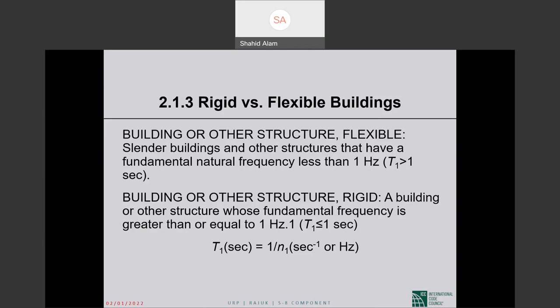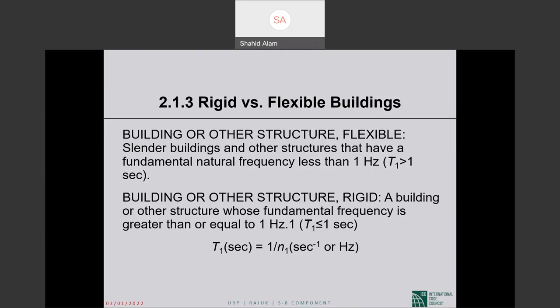Now, when the period of a structure is less than or equal to 1 second, it is a rigid building or structure. Okay, less than or equal to 1 second is rigid. When the period is more than 1 second, it is a flexible structure.